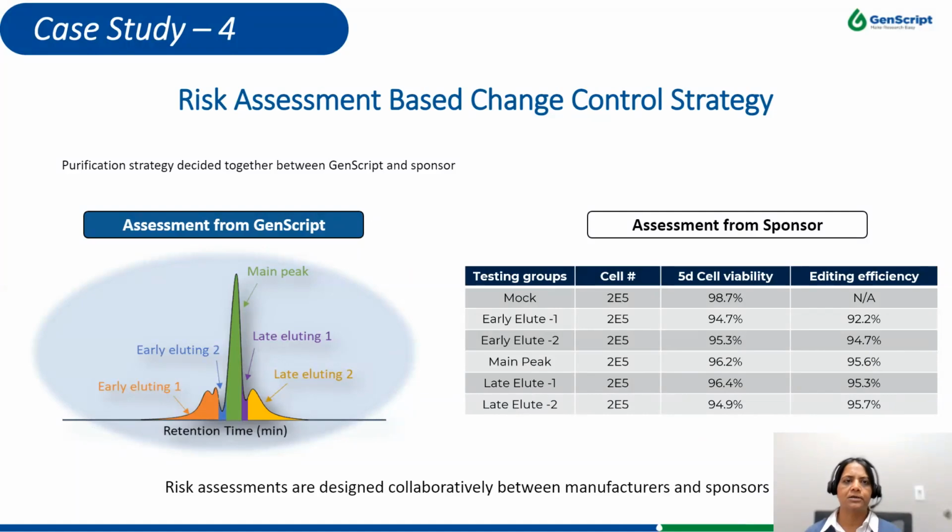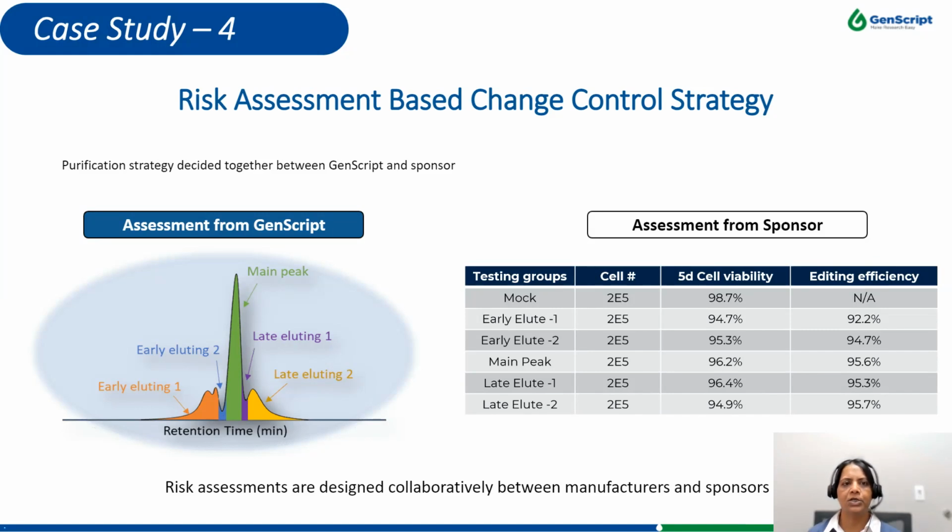The next case study is about the risk assessment. This case demonstrates how we perform the risk assessment together with our client, showing the HPLC trace data for sgRNA, where some impurities were categorized as early and late.